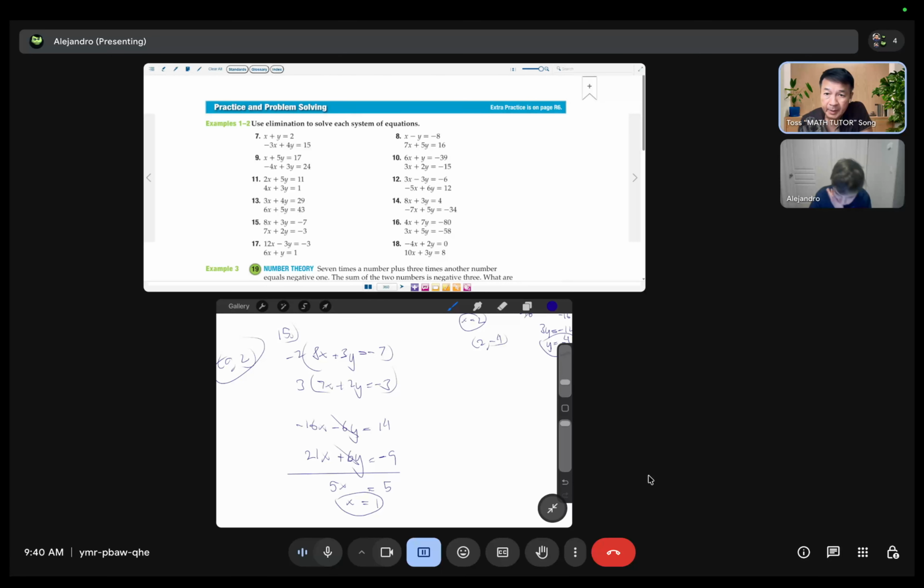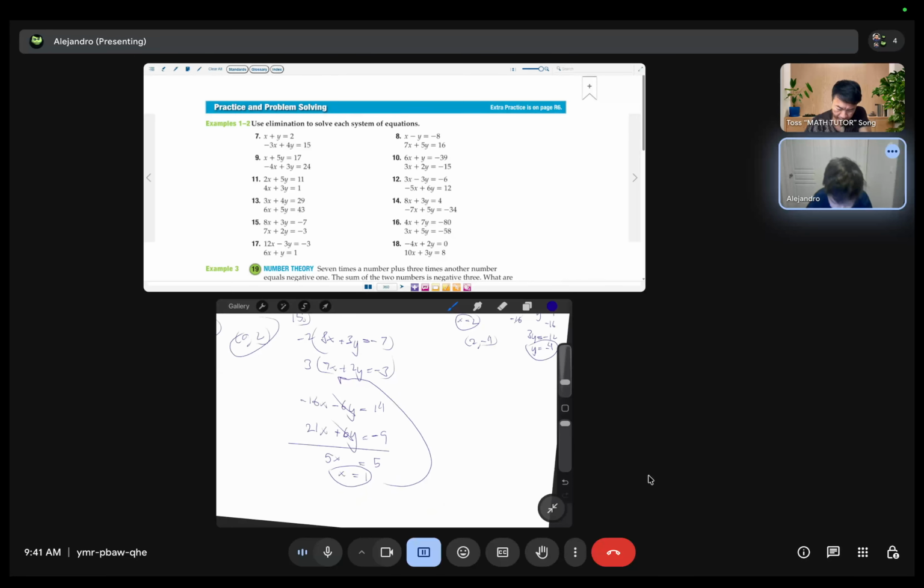And then we can plug it back in. I plug it back into the second equation, okay? So you're left with 7 times 1 plus 2y equals negative 3 of the original. Subtract both sides by 7. 2y equals negative 10. So y equals negative 5. 1 comma negative 5 is the answer.